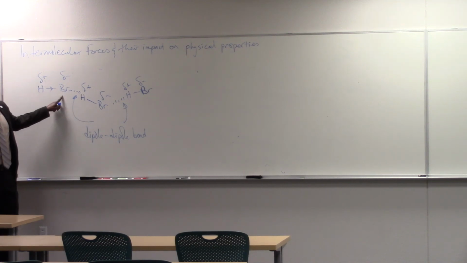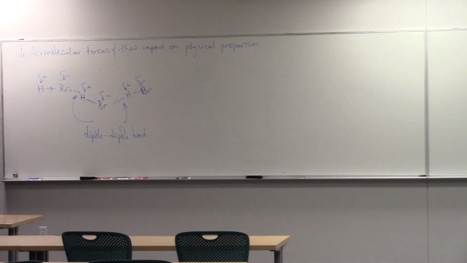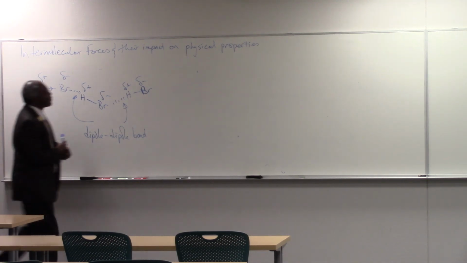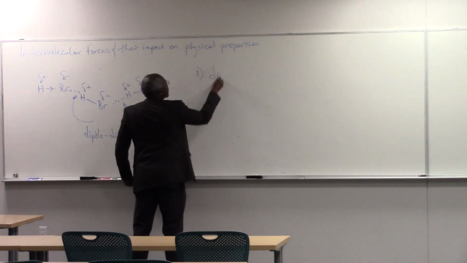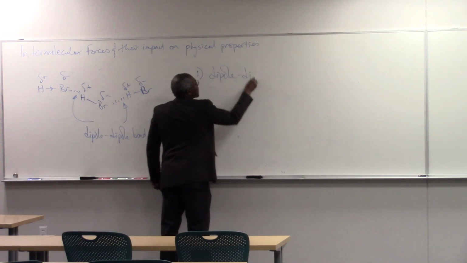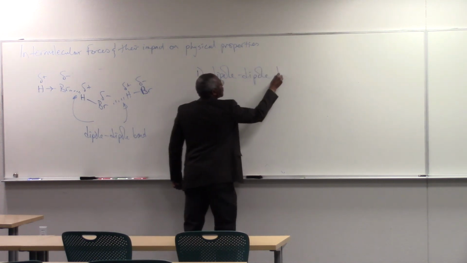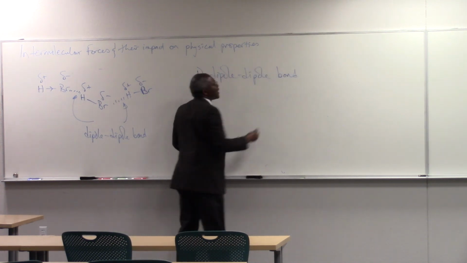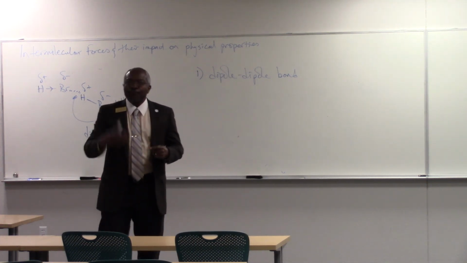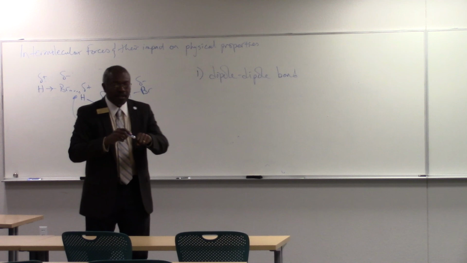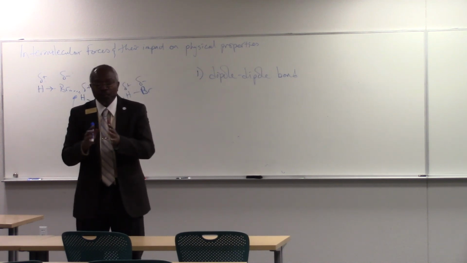End of story. No imagination whatsoever. So the one type of intermolecular force, one type, is dipole-dipole. That's a dipole-dipole bond. Right? And the bond is nothing more than a force of attraction. Now, forces could be attractive, in which case they're a bond.